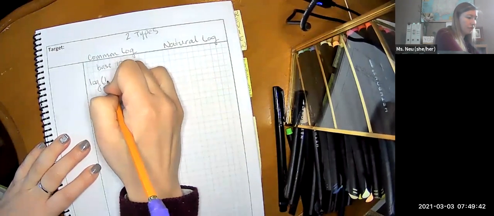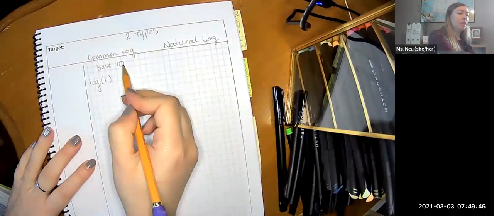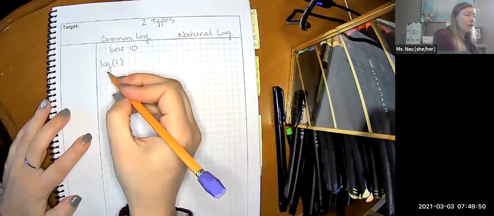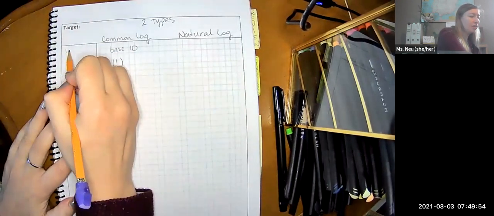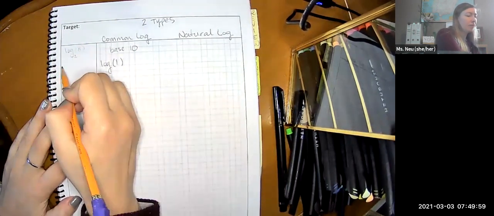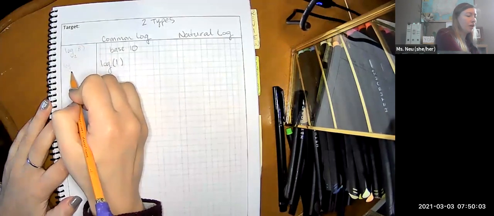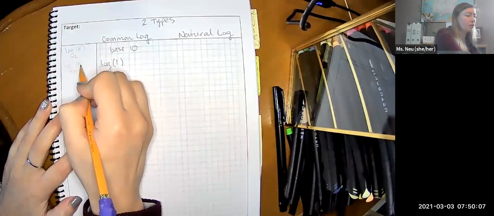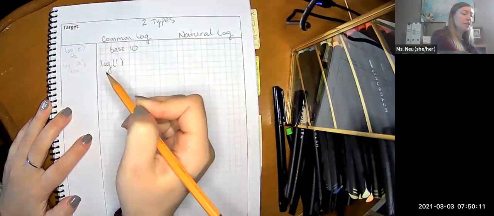Let's just say of the number 1, right? We don't write the 10 down here for base 10. I'm not really sure why, but it's always a thing where if you have a base different than 10, then you write it like log base 2 of 8, like we looked at before. You could have log base 1,000 of whatever number you want to put in there, that's fine. But if it's not written, it's actually a base 10.